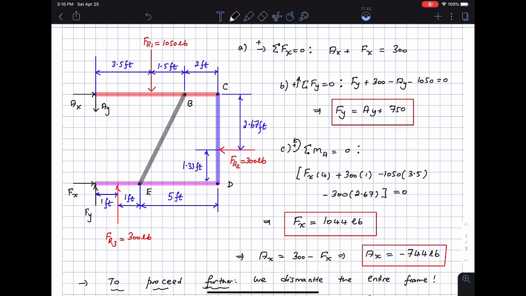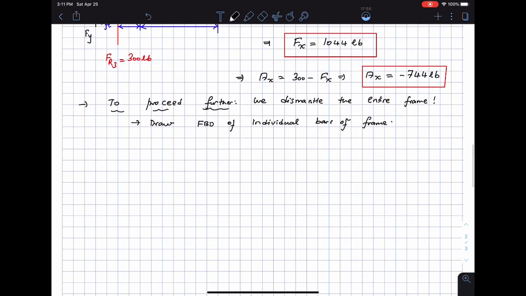So at pins B, C, D, and E, there are only two members of the frame connected to each other, which means the forces on those two connected members are equal and opposite, so I don't need to draw the free body diagram at those pins. That's something I want to make a note of.